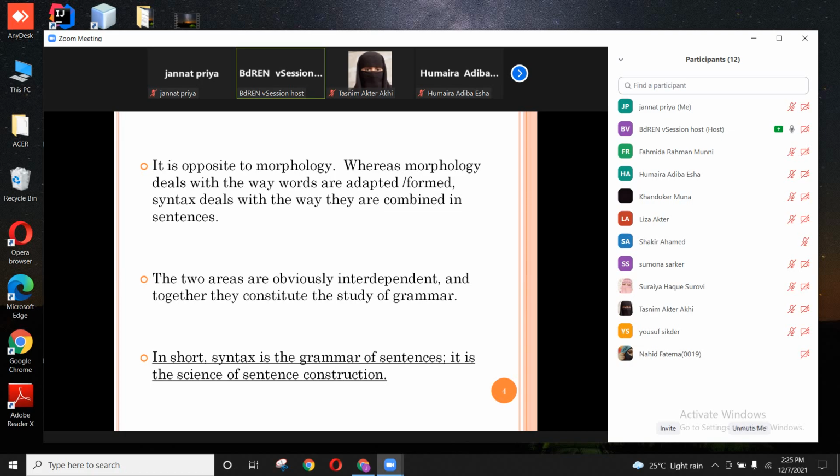In a grammar book, we study items related to morphology and syntax. So that's why these two areas constitute the area of grammar. If we study English grammar or Bengali grammar or French grammar, it doesn't matter. When you study grammar, you mainly focus on the morphology of that language and syntax of that language.